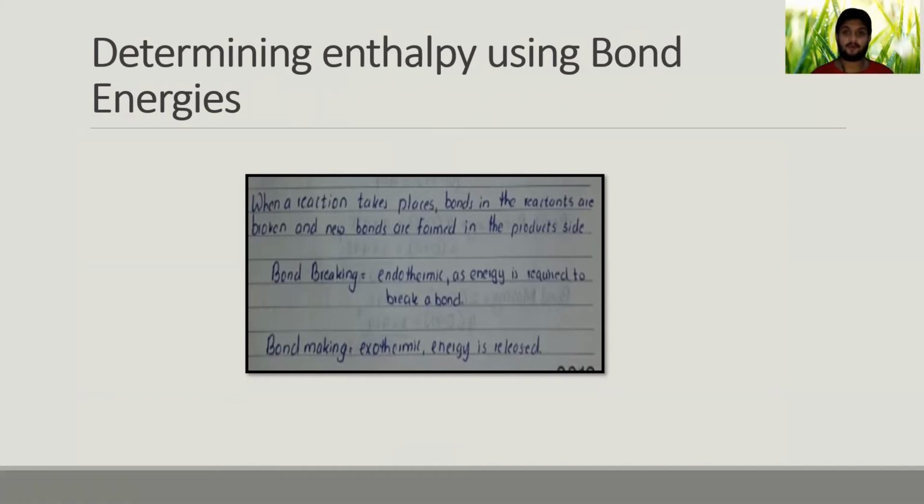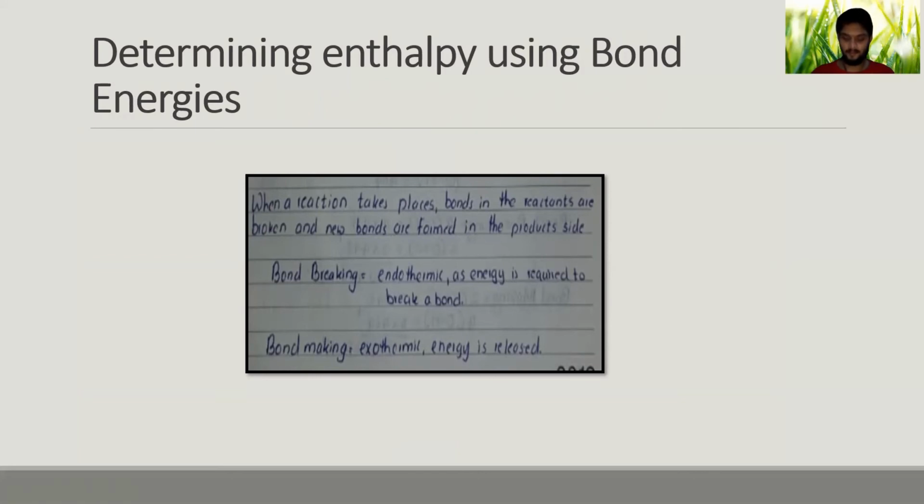So here we are going to use the bond energies to determine the enthalpy change. There are a few things to be mindful of. As chemistry students, we know during a chemical reaction, certain bonds are broken and certain bonds are formed.